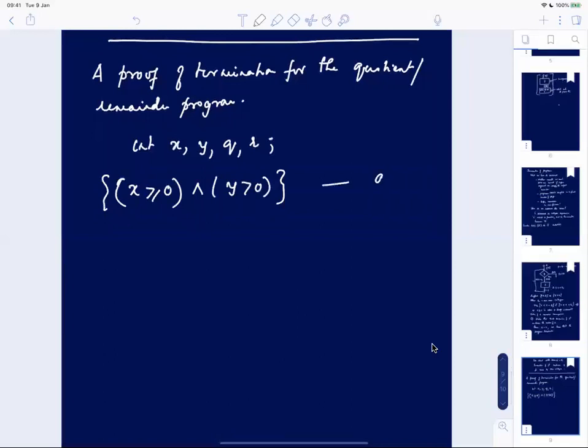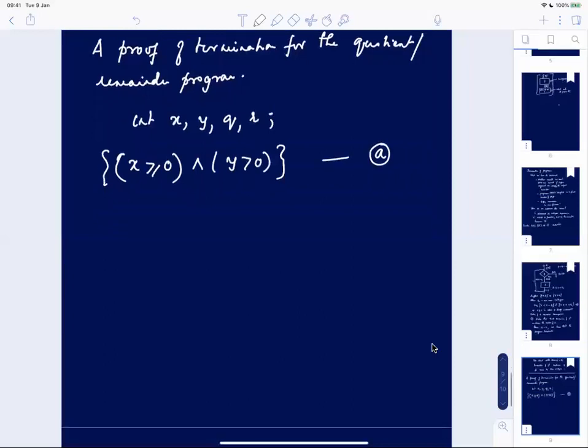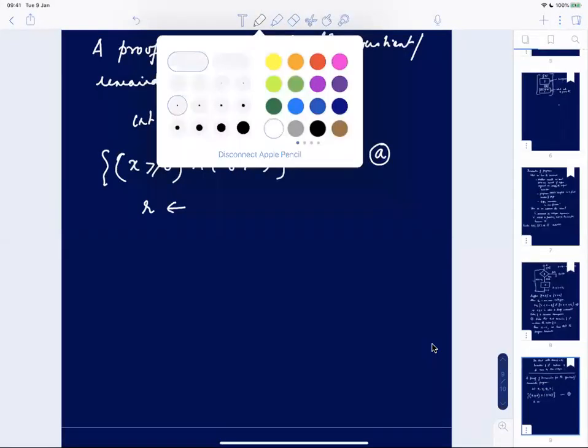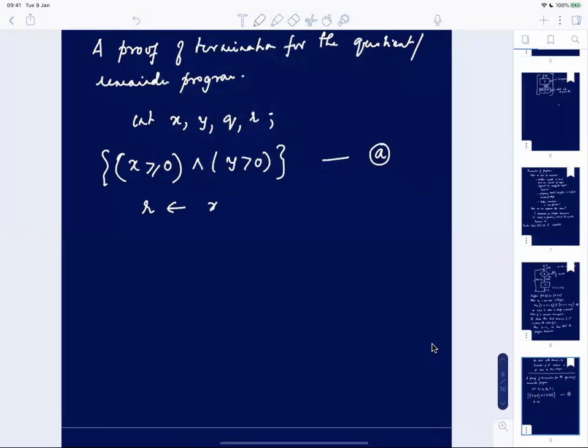Let me call this A, and let us assume we start with the program now. r is set to x initially, and q is set to 0.